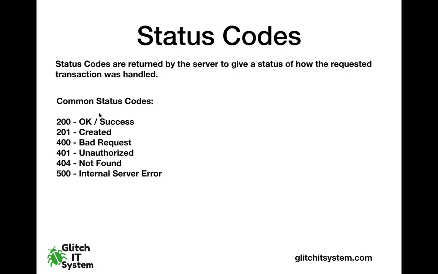And then a 500 level is going to be something that is called a server-side error. This is when you send something that the API server doesn't know how to handle.